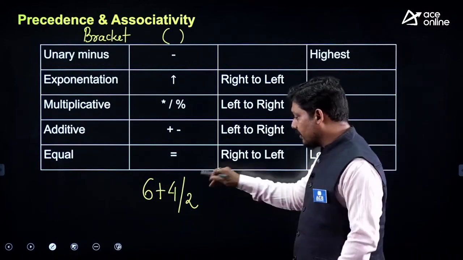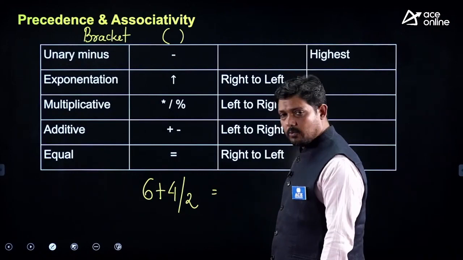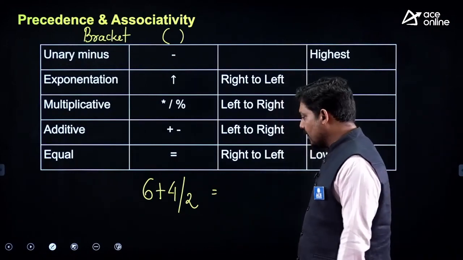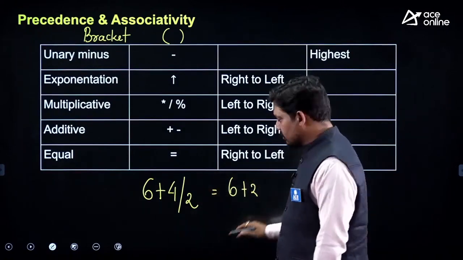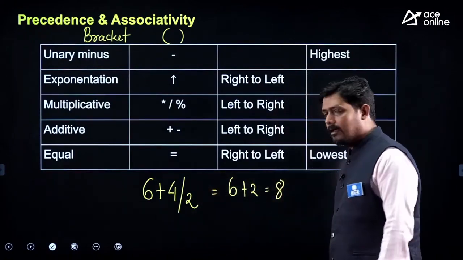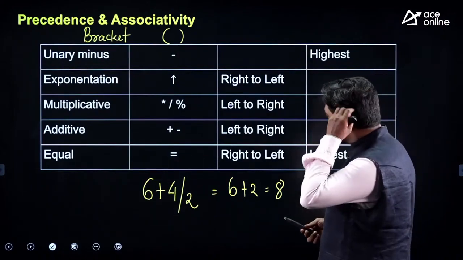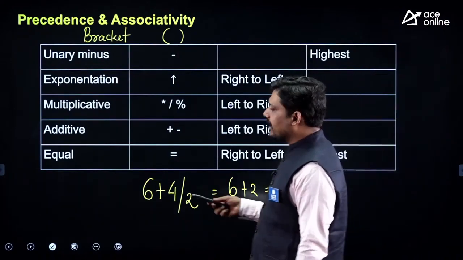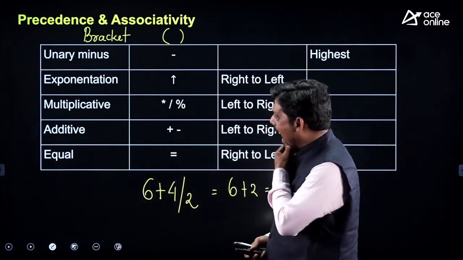It sees the division first, so it computes 6 plus 2, which equals 8, not the average value of 5. So precedence and associativity rules matter, and when writing an expression in a program, you have to be careful with this.